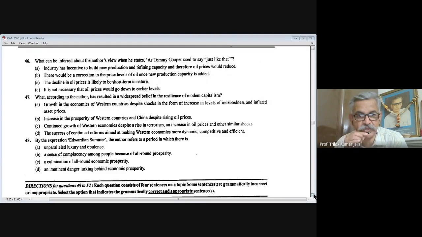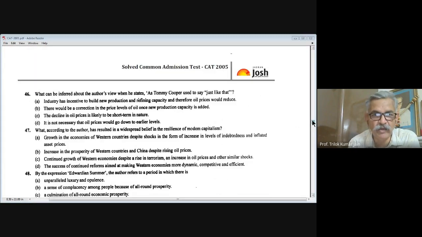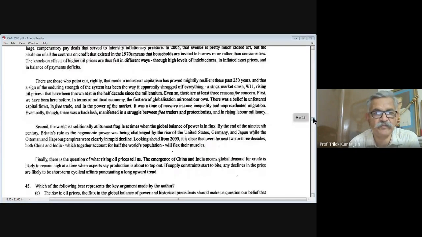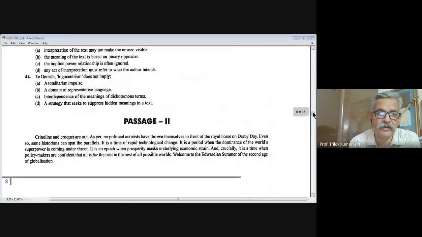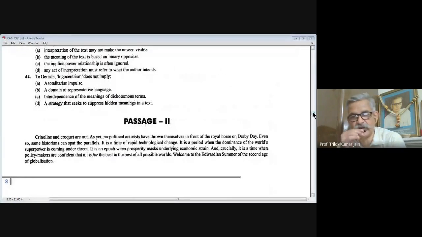And by the expression Edwardian summer, the author refers to a period in which there is. These are the questions. Remember the questions in your mind. Now you start reading the passage. So first you should read the questions, then you should come to the passage and read the passage very carefully.